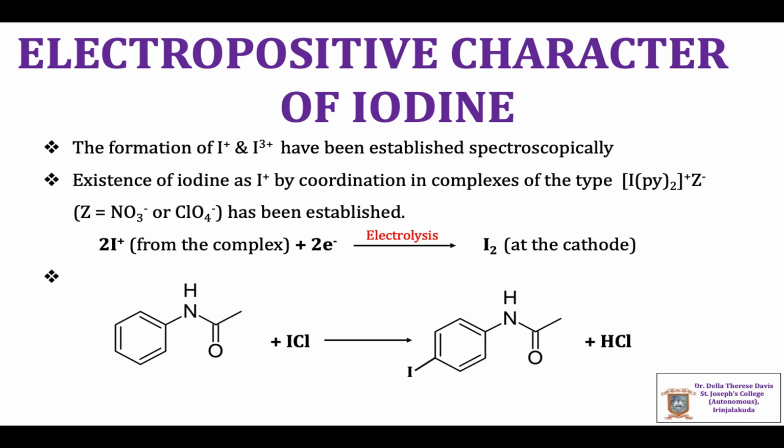The formation of I plus and I3 plus have been established spectroscopically. Also, iodine exists as I plus in coordination complexes of pyridinium compounds of the type IPy2Z, where Z is nitrate or perchlorate anion.